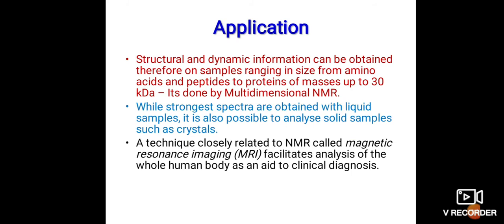Structural and dynamic information is obtained from NMR spectroscopy, mainly because chemical shift plays a very important role in structural studies. NMR signals vary based on chemical shift, and chemical shift arises due to the interaction of two different nuclei, and this interaction is guided by the distance at which these nuclei are present.